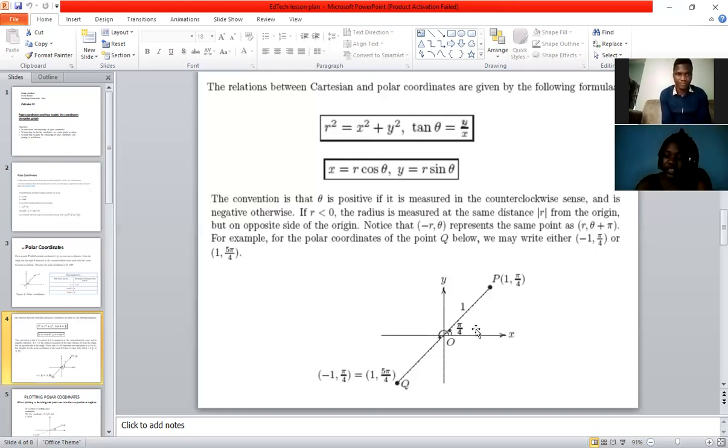Okay, now you measure the 45 from the x-axis counterclockwise to the point P. Now, the opposite angle on this side, again you measure it from the x-axis to point Q. And since point Q is negative 1, pi out of 4, you can still call it 1, 5 pi out of 4. Have you understood that? Yes, madam.